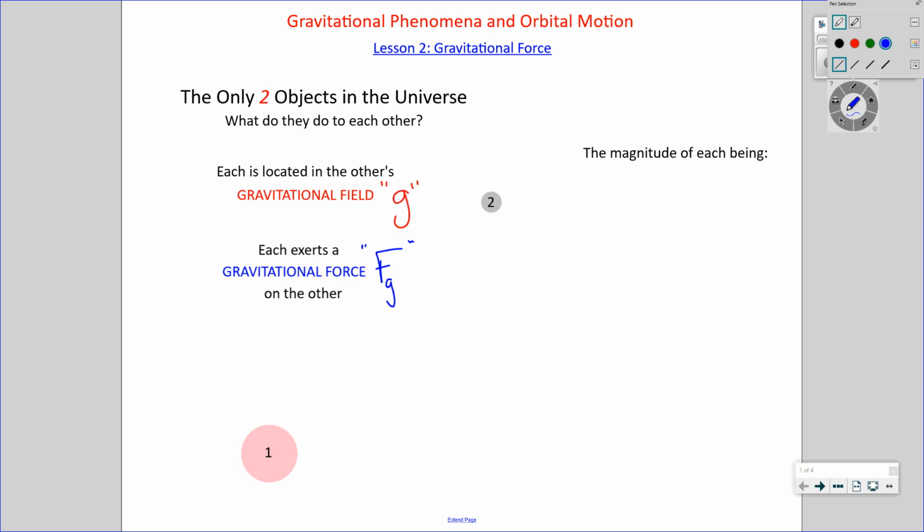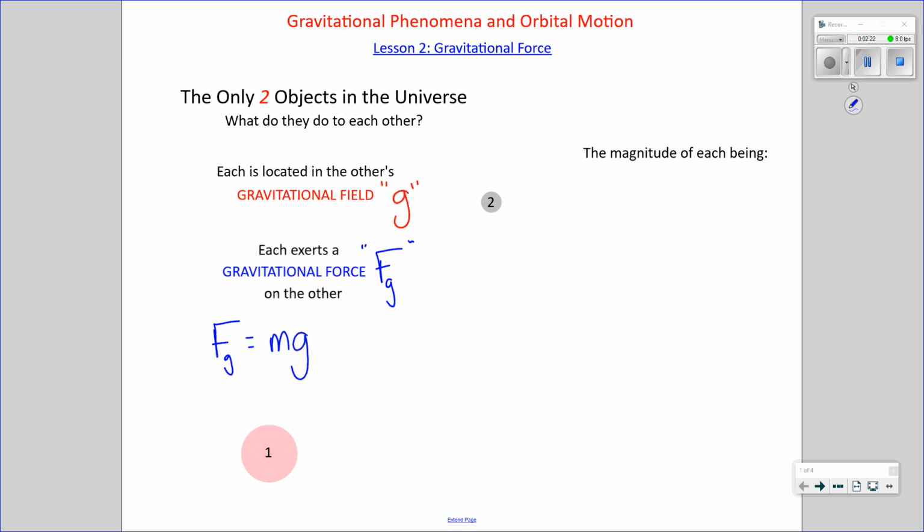All right, and so what we've said, most folks are okay with, well, how strong is a gravitational field that an object experiences? Sorry, I already screwed it up. How strong is the gravitational force that an object experiences? Well, that depends. It depends on how much mass the object has and the strength of the field that it's in.